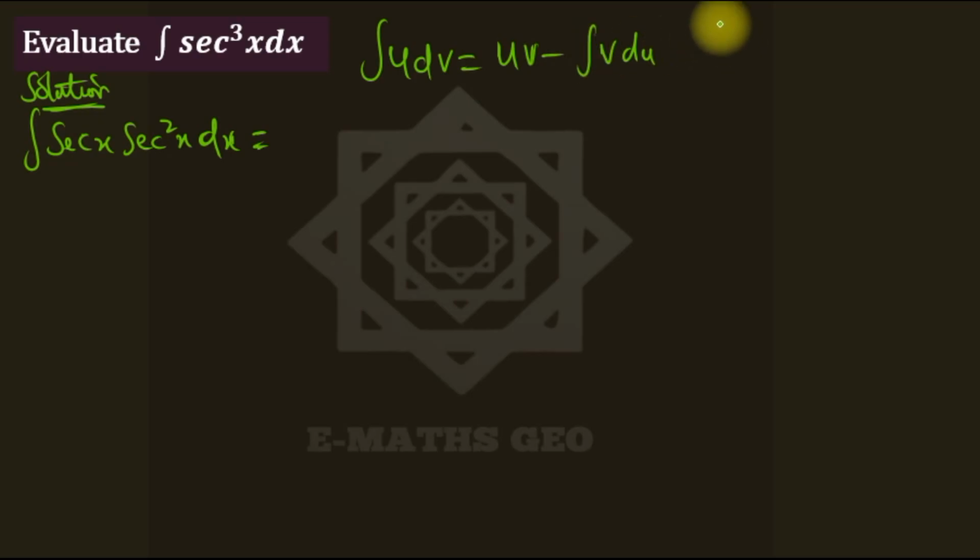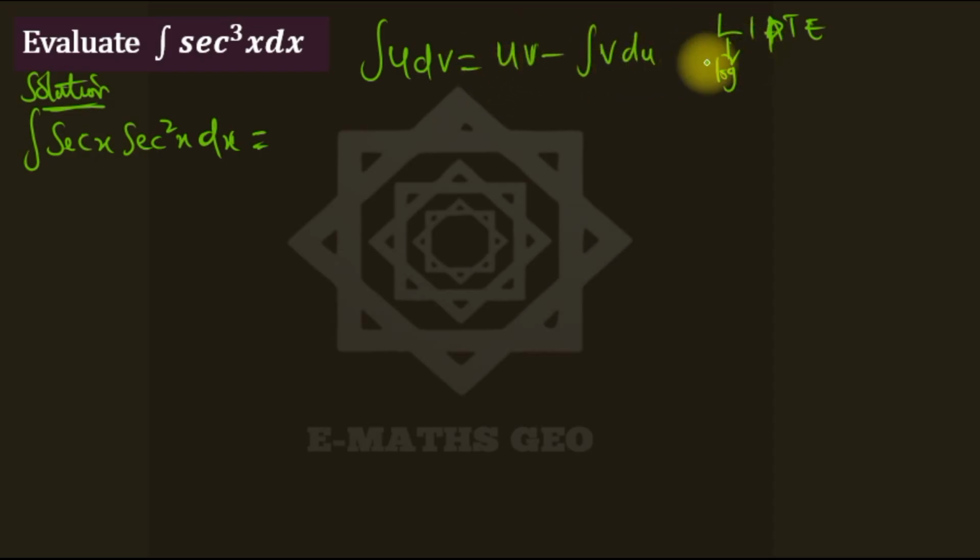And in choosing which one is u, you use this acronym, LIPTE. L means log function. So if you see a log function first, that's our u.